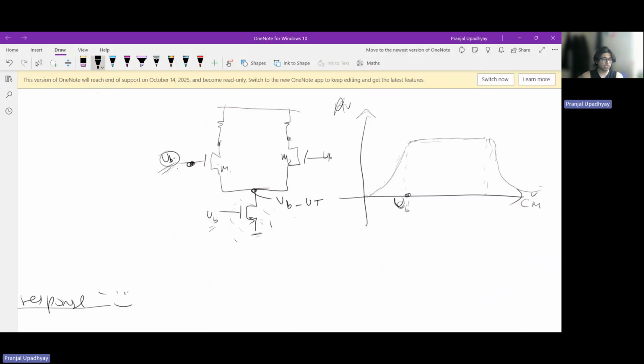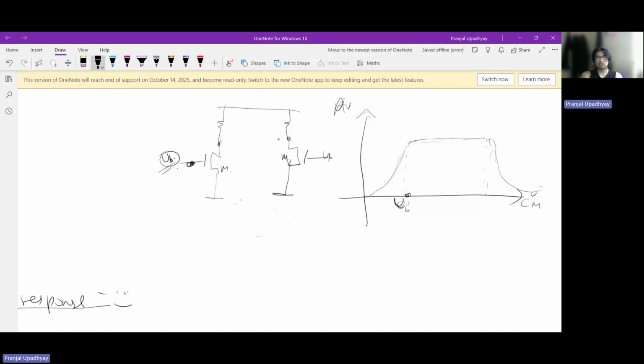So that is the main idea, but we are not finding the exact values here. We can always go to the elaborate analysis and write equations to find them. One thing we can do to appreciate why a tail current source is needed is the large signal analysis for this kind of differential pair.